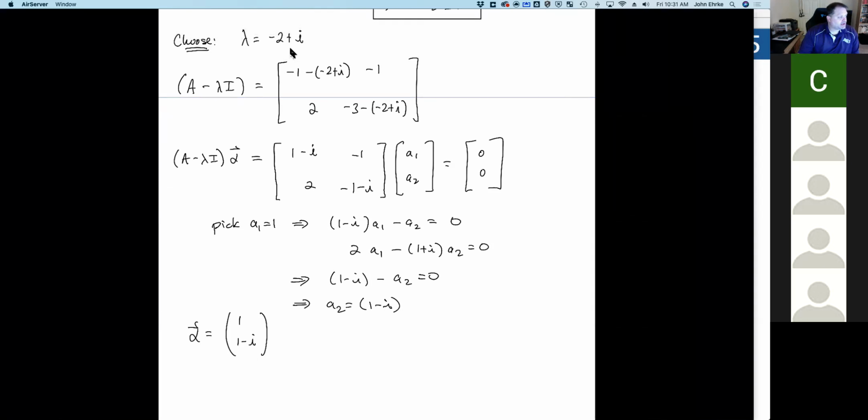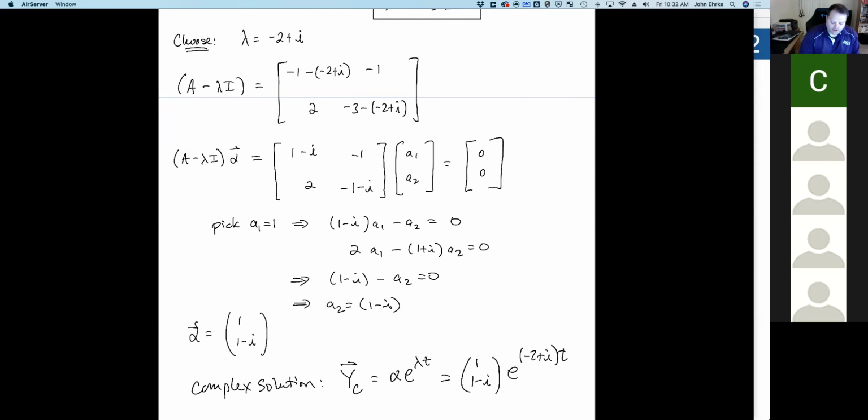We know the associated eigenvalue. So we know that a complex solution to this problem, which in the notes I typically refer to as y sub c for complex, is alpha e to the lambda t. In this case, it's (1, 1 minus i) e to the (-2 plus i) t.